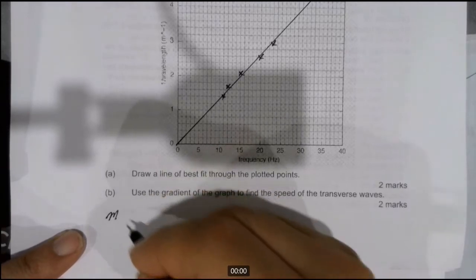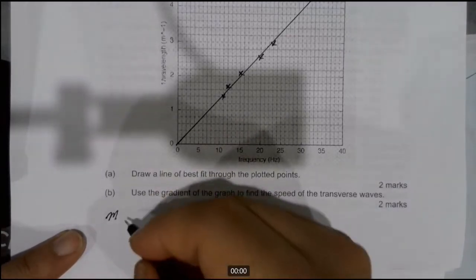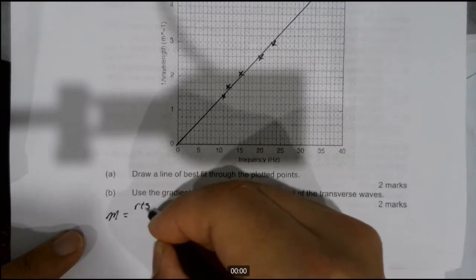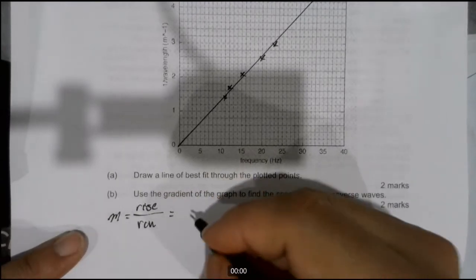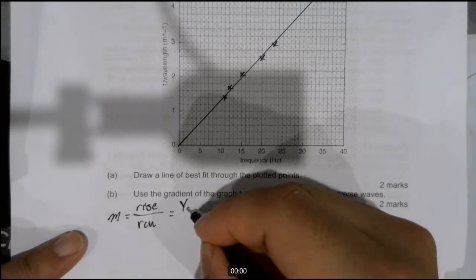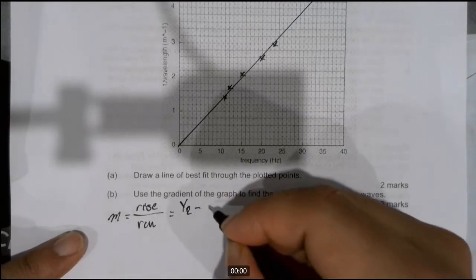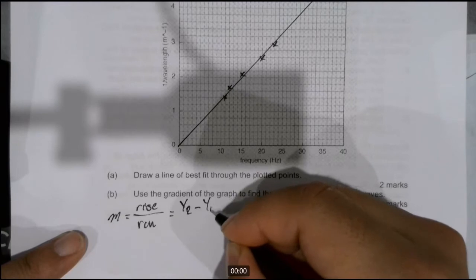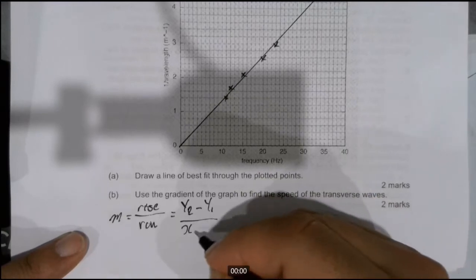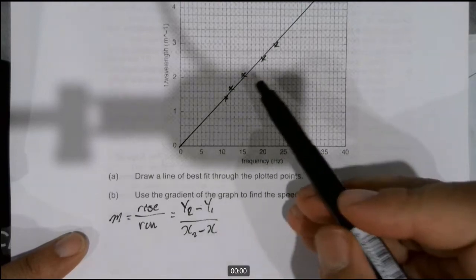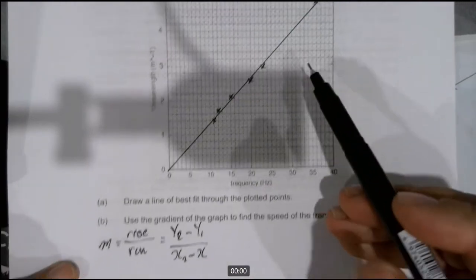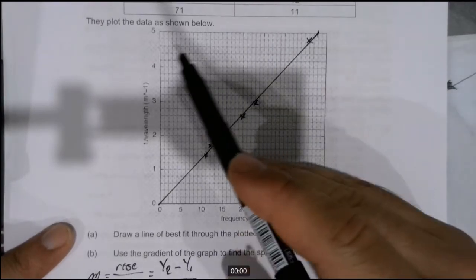It's usually denoted by the variable m, and it's rise divided by run, or y2 minus y1 over x2 minus x1, where y2 is some point very far away in the vertical value.